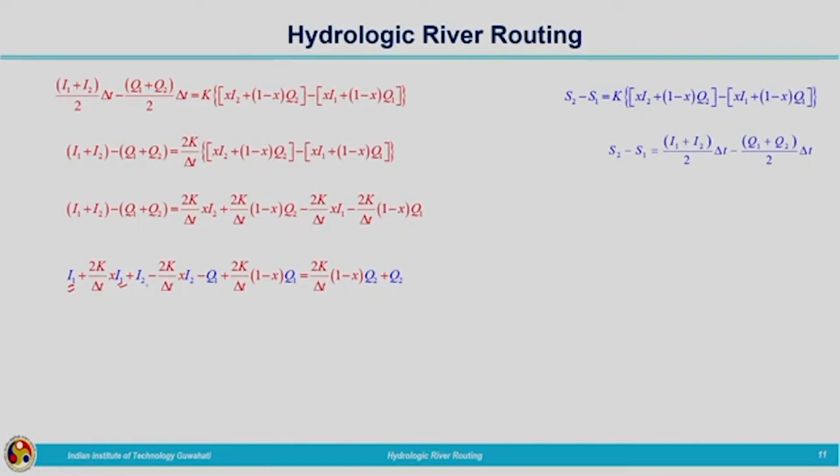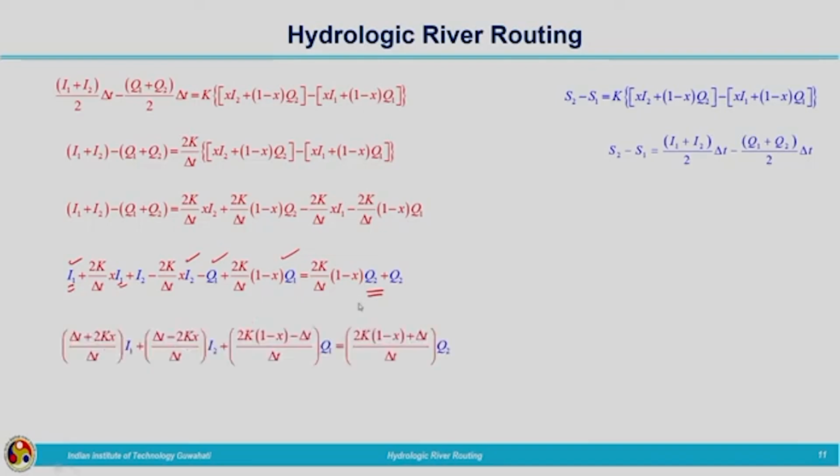So, I1, I2, Q1, Q2. In this, I1, I2, Q1 are known to us, Q2 is unknown. That is why we have kept the unknown value on the right hand side and all the known values on the left hand side.